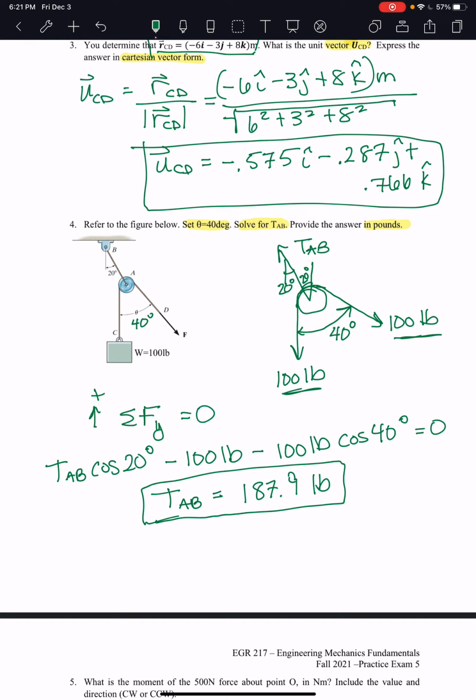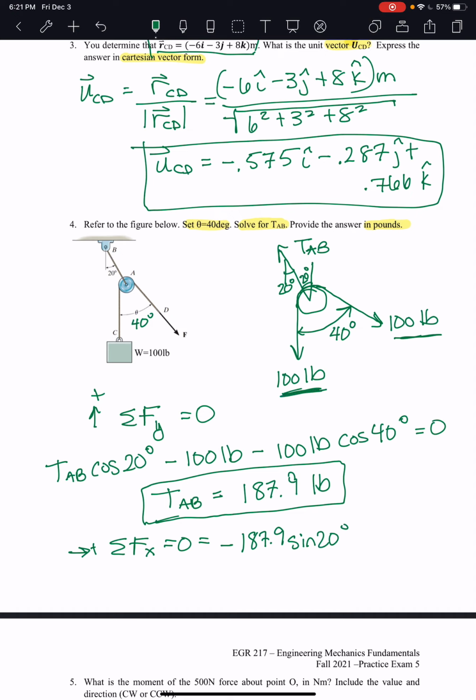Let's see, we could sum the forces in the X direction equals 0, and that's going to equal negative, because we'll do right is positive, negative TAB. So that's just that 187.9 pounds. And for the X, that would be sine of 20.